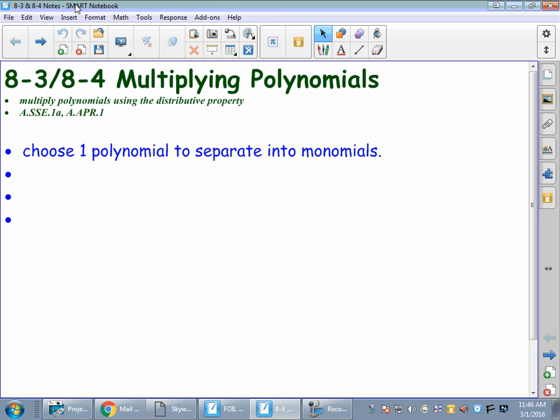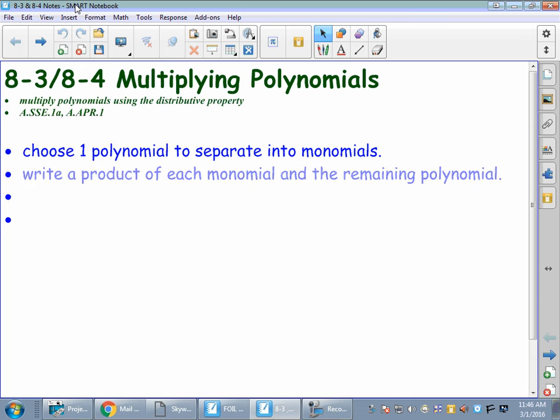I usually choose the first one, or the smaller of the two to break up, but there's really no rule in choosing which polynomial you want to break apart. After you decide, you write a product of each monomial and the remaining polynomial. Whichever one you decide to break apart, each term goes on the outside of the parentheses of the remaining polynomial.